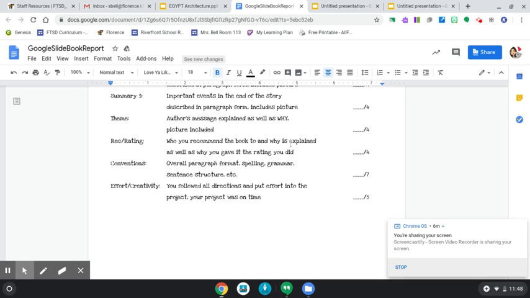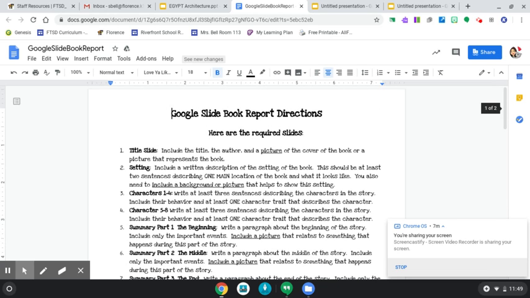If we do get to that, you'll have to work to get a 4. Conventions, your overall paragraph format, spelling, grammar, sentence structure, etc. Again, that's no different than any other project we have done. That is for 7 points. And effort and creativity, you followed all directions and put effort into the project, and your project was on time, is worth 5 points. Guys, this is going for a test grade.